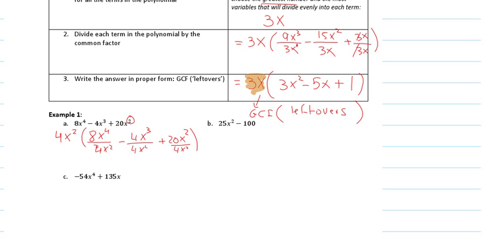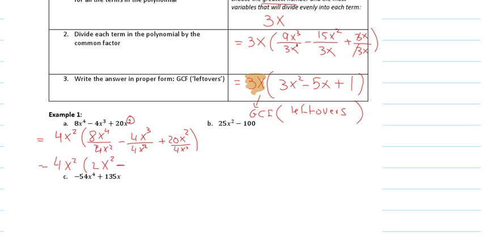What's 8 divided by 4? 2. What's x to the power of 4 divided by x squared? X squared. Because 4 take away 2 is 2. Now, minus 4 divided by 4 is 1. x cubed divided by x squared? 1x, right? Because 3 minus 2 gives me to the power of 1. So that's x.